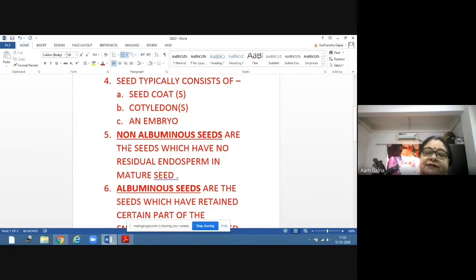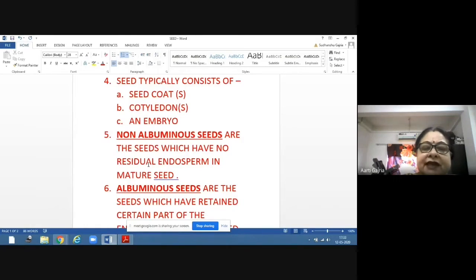Non-albuminous seeds are the seeds which have no residual endosperm in mature seed. That means all the endosperm which was present in the ovule was finished by the developing embryo. So in a mature seed, there is no residual endosperm present.